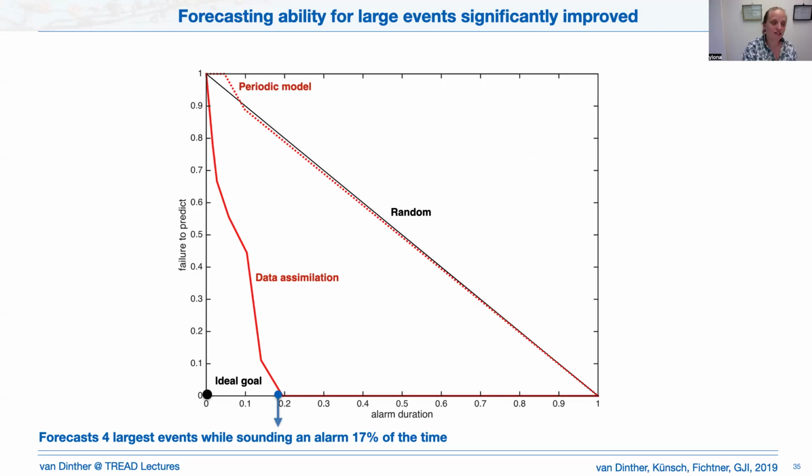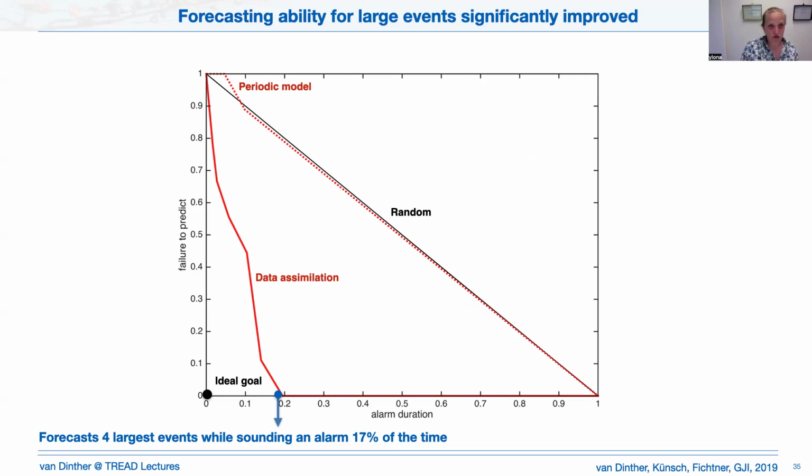Then on the y-axis is your failure to predict an earthquake. At the bottom is 0, which means you predict all events in this synthetic lab sequence. If you predict them all wrong, you're at the top with 1, so you fail to predict everything. If you fail to predict 0, so you correctly predict everything, you're at the bottom again.